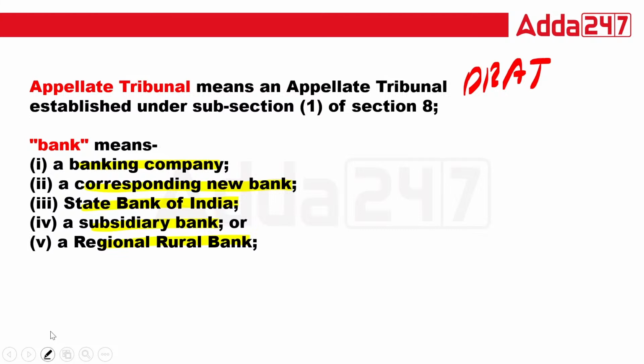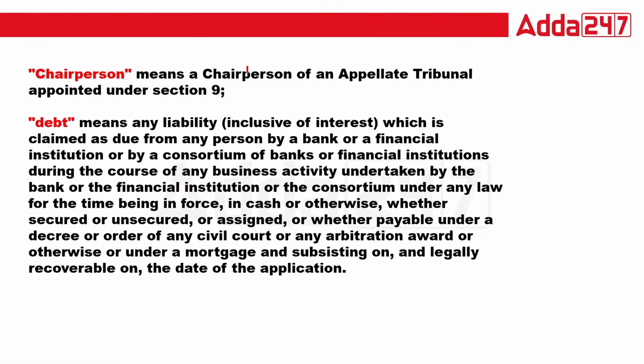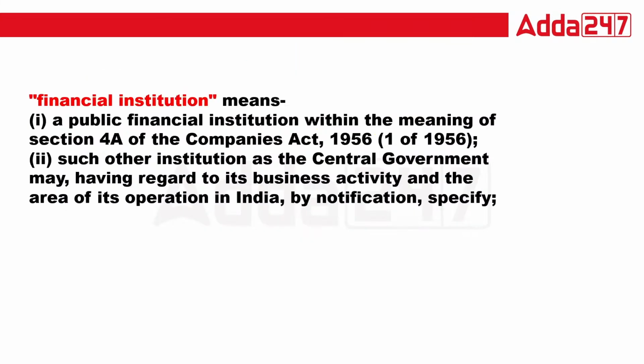That is important. Chairperson of the appellate tribunal. What is debt? Debt means any liability claimed as due from any person by a bank or financial institution or a consortium of banks and financial institutions. That is called debt.